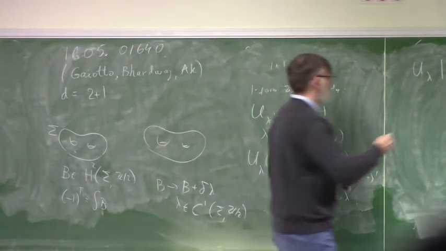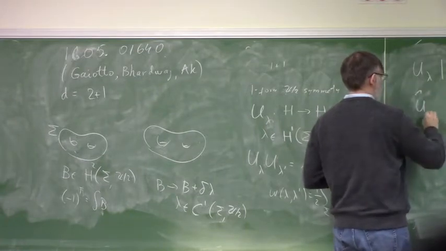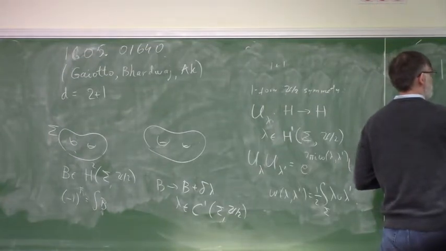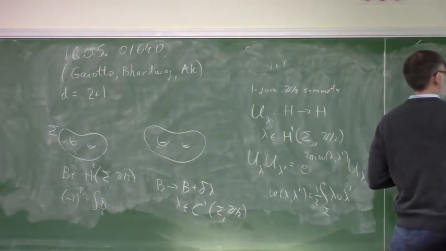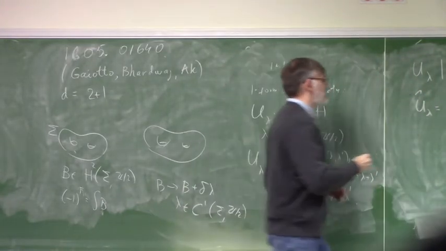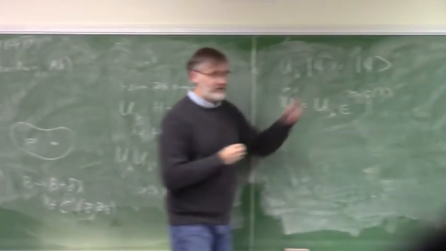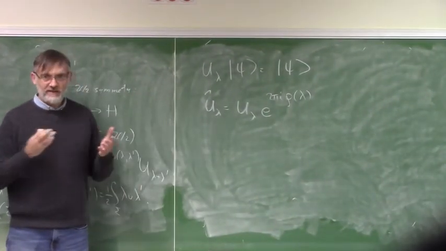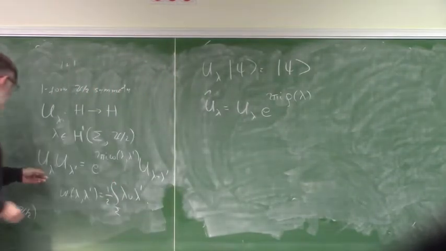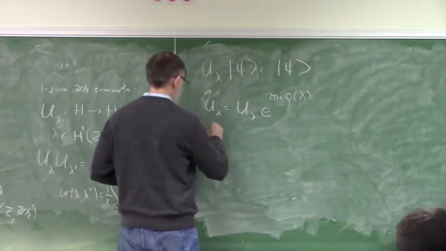You can try to define U hat lambda, from U lambda times some phase function, or maybe rho of lambda. And you can try to tune this rho of lambda so that this new guy satisfies the usual group law, without any projectivity. So you can easily check that for this to work, you must have this condition on rho.